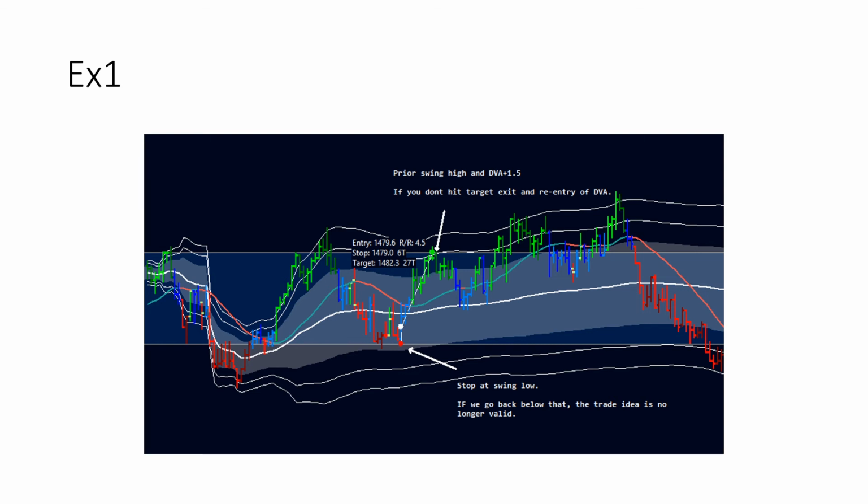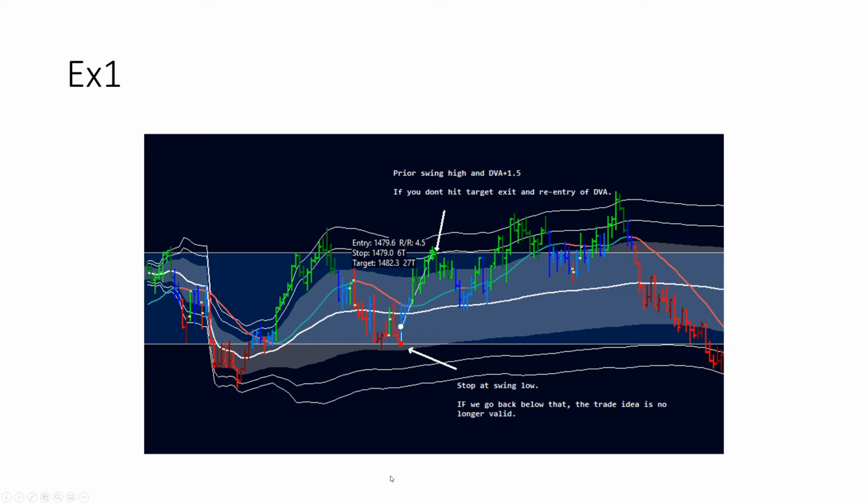So now you're in the trade, it's going, it's going, it's going. Maybe you have a value area high here, or you see where this prior high is, and say, oh, if we can get to this prior high off of this opening drive, then that's where I'm interested in taking profit. So maybe you take profit right there.